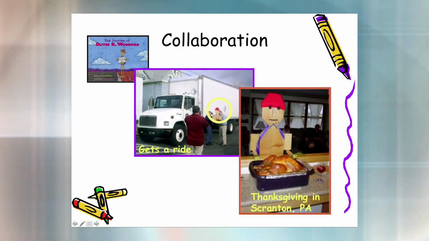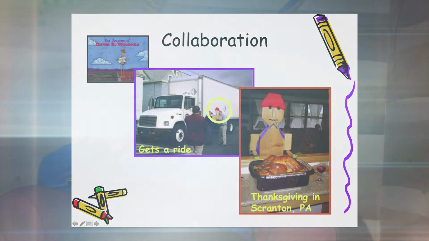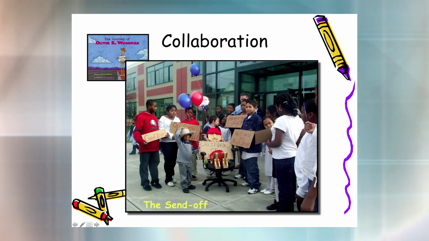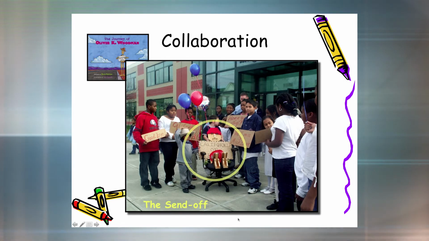By the way, he ended up having Thanksgiving in Scranton, Pennsylvania. They used their information literacy skills to find information about the states that their wooden man would pass through on the way to his destination. They even held a parade around the school just before sending him off. Look at this.